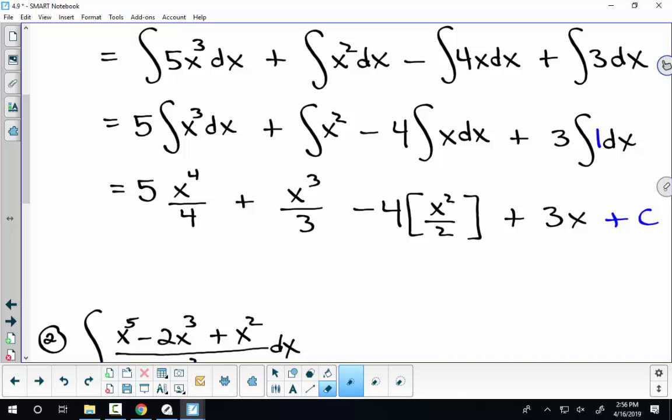It's not crucial when you're doing calculus, I guess. If you have to take a differential equations class, it's super important to keep track of all of your constants. But here, for us, we can just put plus C at the very end.